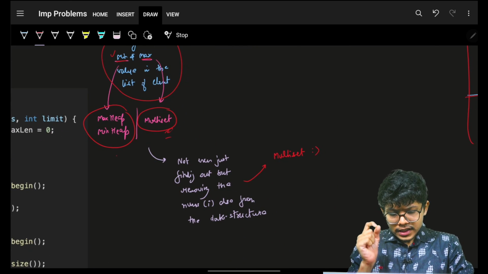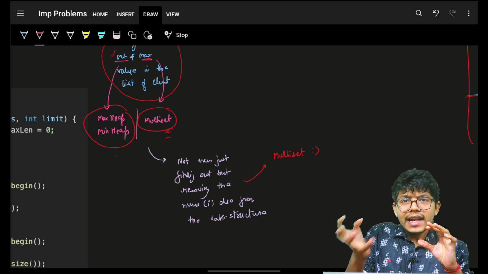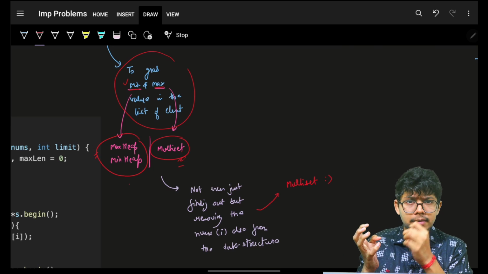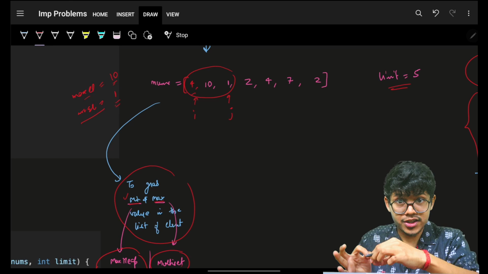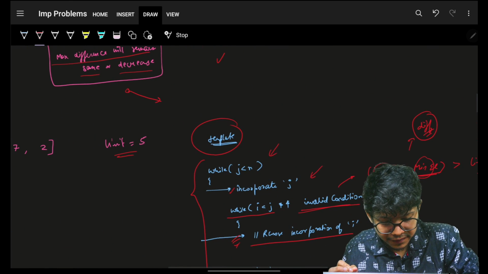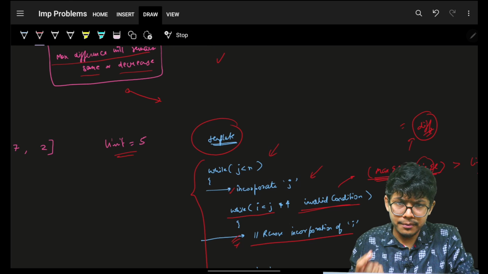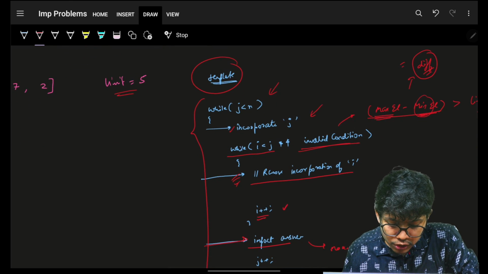Now, what we have realized is that we can grab the min or the max element. After putting that in my data structure, I can easily derive my diff, because I will be able to grab my min and the max in log n time. But removing is also a factor.